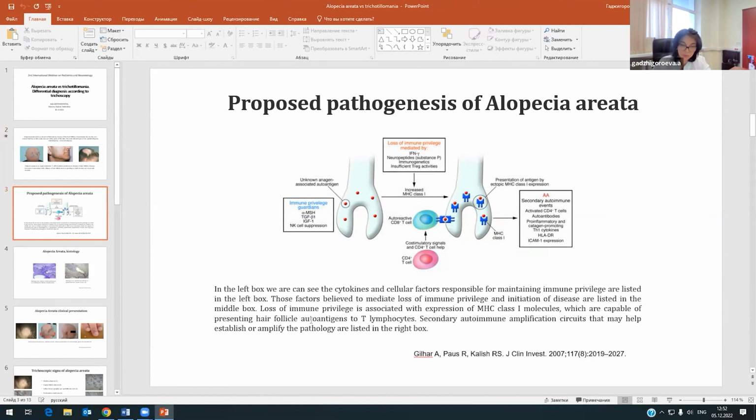Loss of immune privilege is associated with expression of MHC class I molecules, which are capable of presenting hair follicle autoantigen to T lymphocytes. A secondary autoimmune amplification circuit that may help establish or amplify the pathology is listed in the right box.